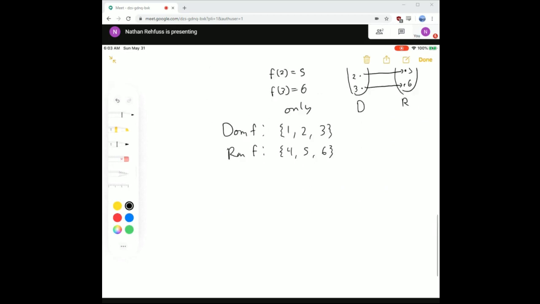So let's say I have a function whose graph looks like this. Let's say this is the point (4, 5), and this is the point (-3, -2). So here's our x values, and here's our y values. The domain is the set of every x value that appears on the graph.